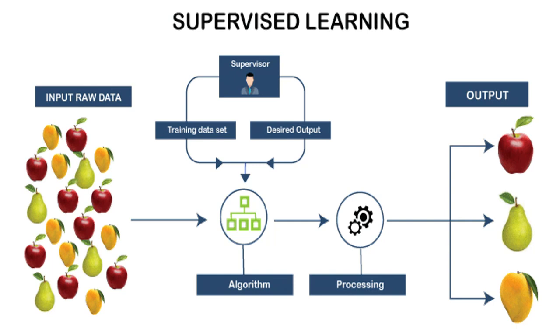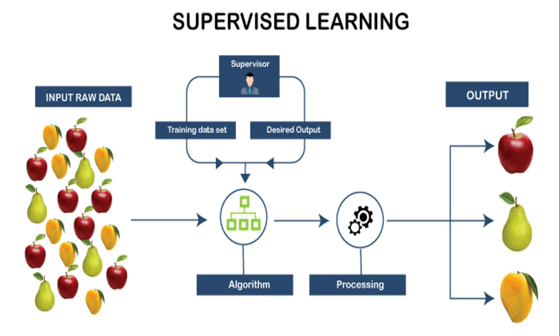You have input data, different kinds of fruits: mango, orange, avocado, apple, and so on. Use our machine learning algorithm. After using a step by step process for solving equations, you will move forward to processing.